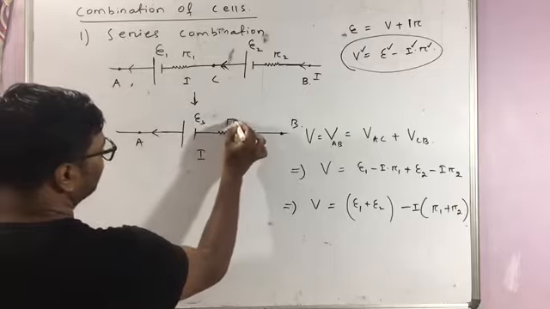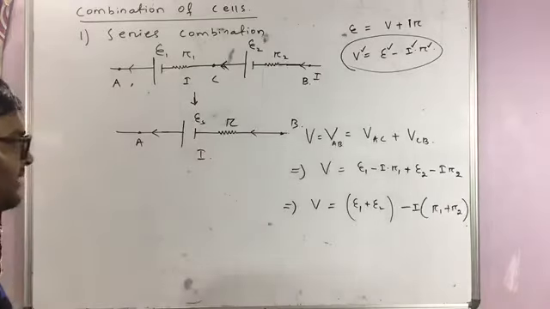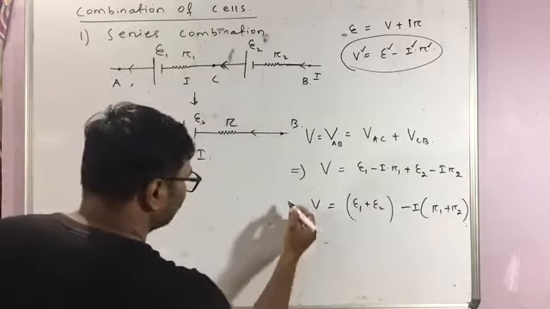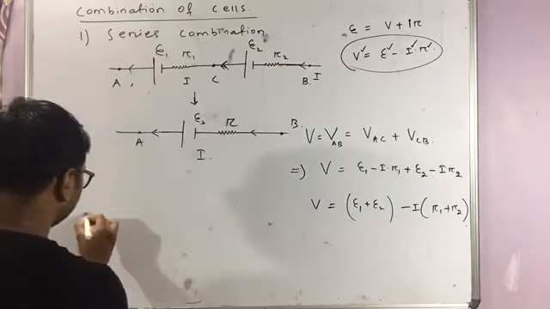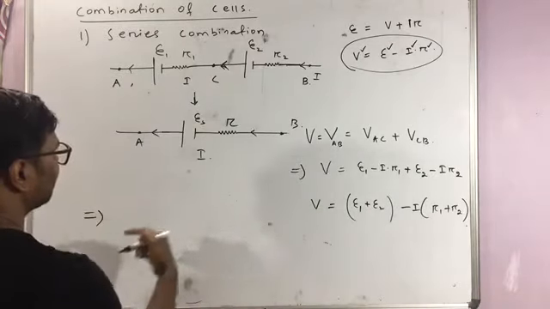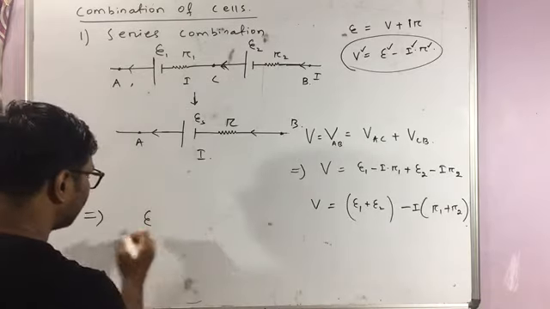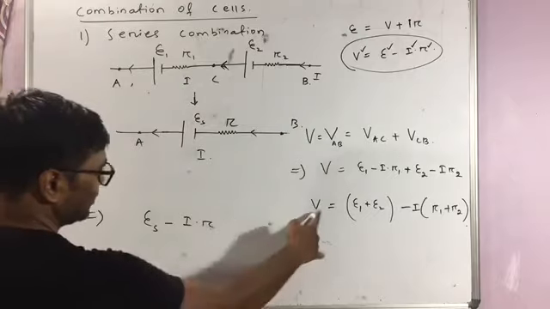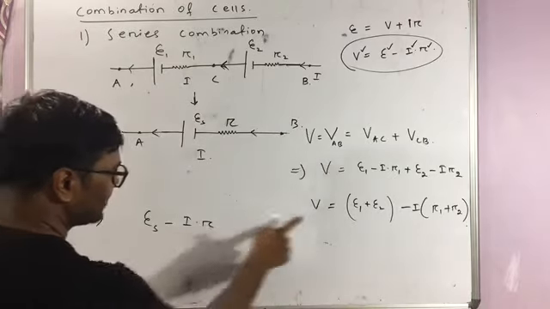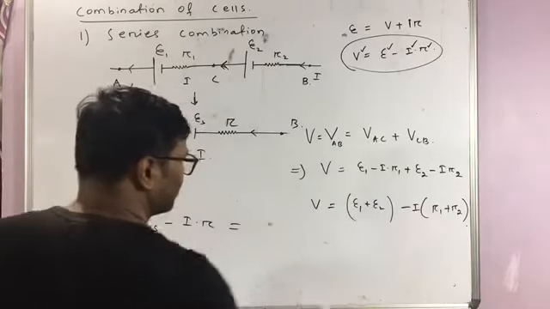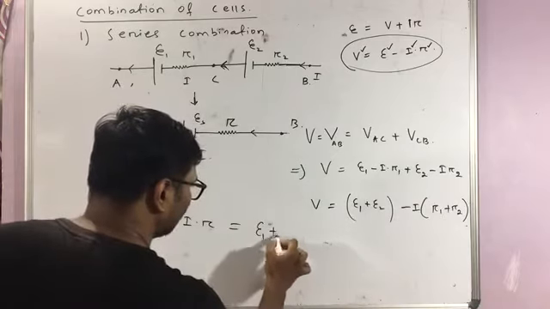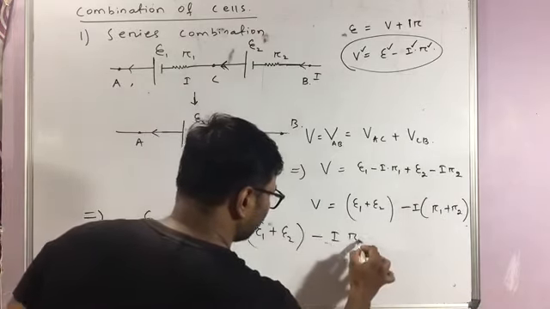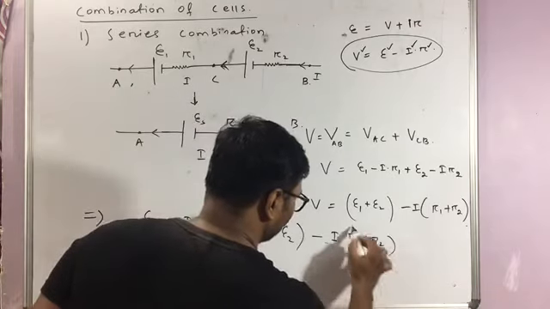Suppose here the internal resistance is R. So in that case, for this single cell, the value of V would be simply ES minus I into R. So for V, I have written this, which is equal to E1 plus E2 minus I into R1 plus R2.